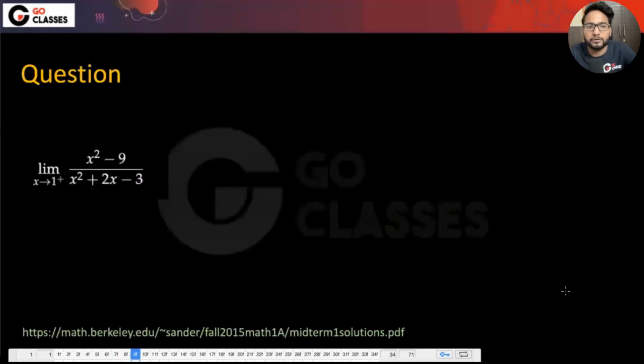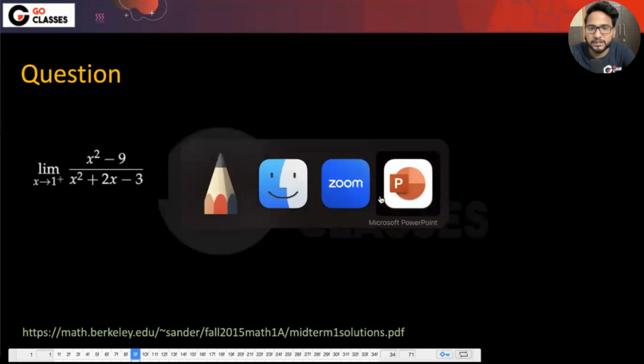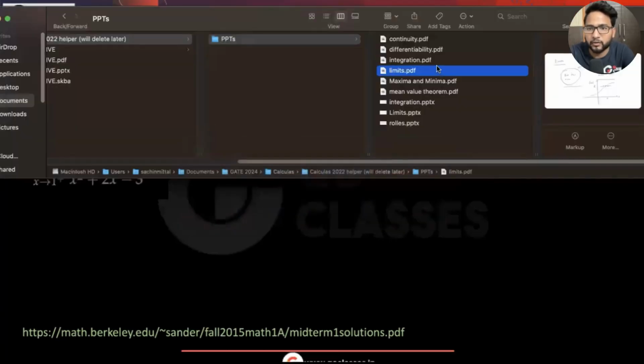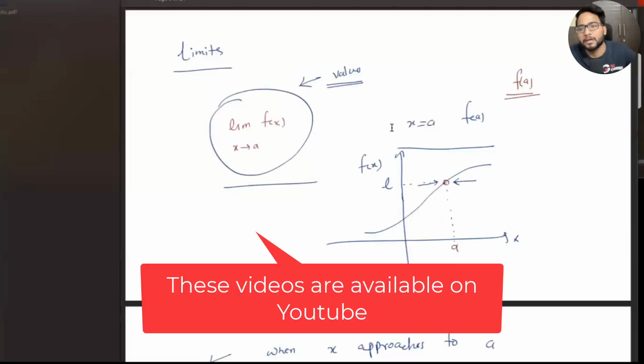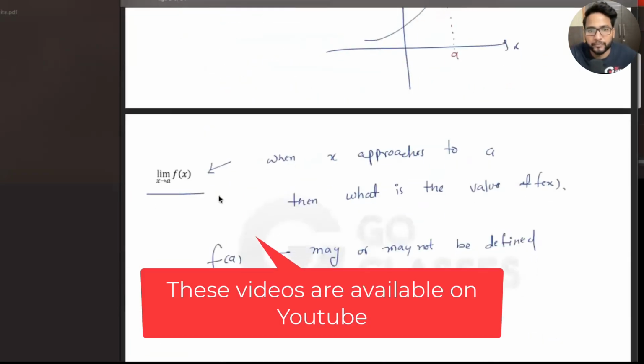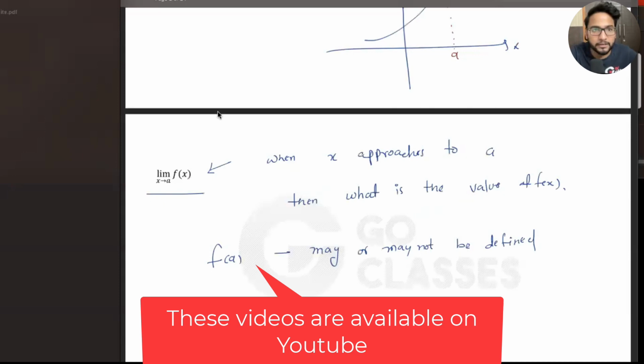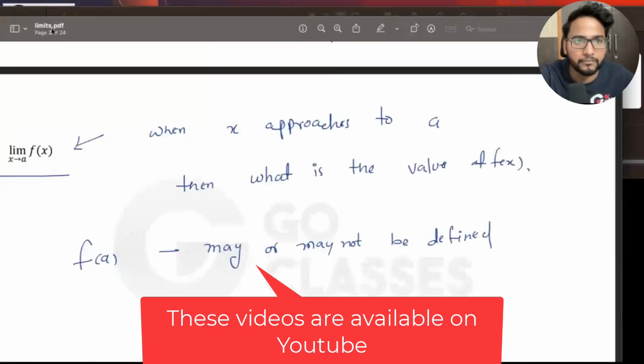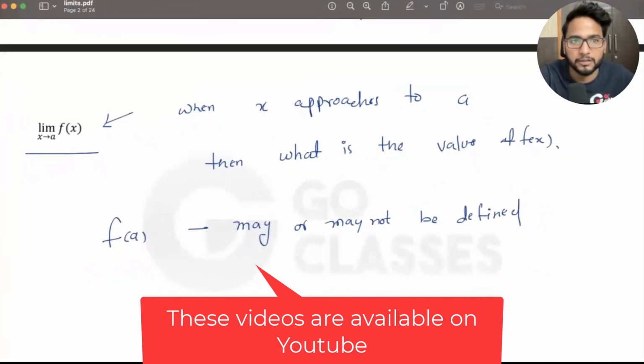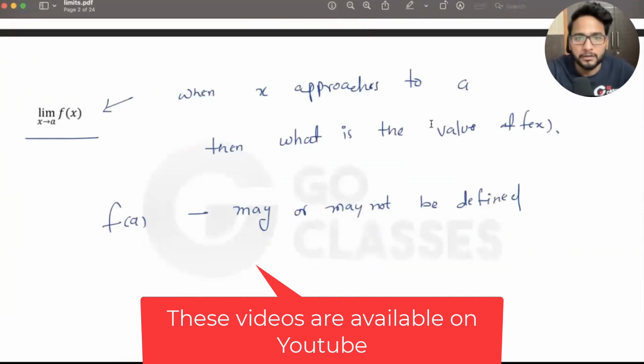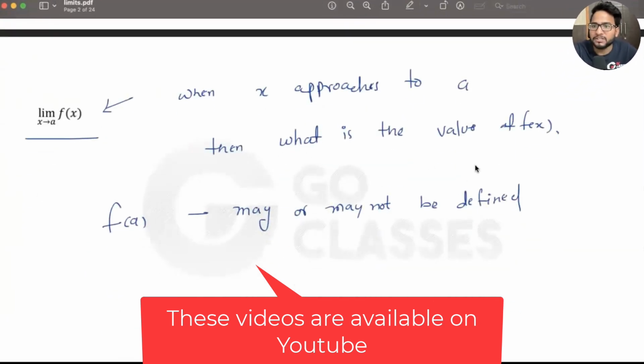Okay, before solving the question, let me quickly go over the earlier notes. That's where we talk about the limit. I hope this is visible, right? So when x approaches a, what is the value of f(x)?